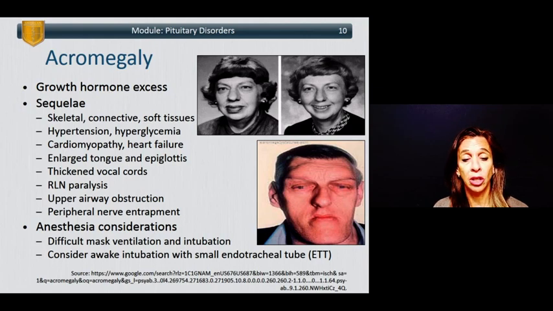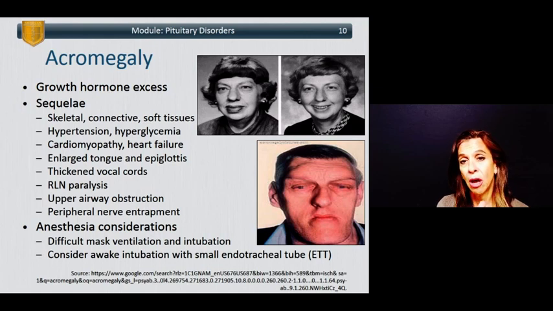They typically have an enlarged tongue, an enlarged epiglottis, and thickened vocal cords, which all make airway management more challenging. It's not unusual to have recurrent laryngeal nerve paralysis and hoarseness, or airway obstruction, or changes in voice. And there may be peripheral nerve entrapment.